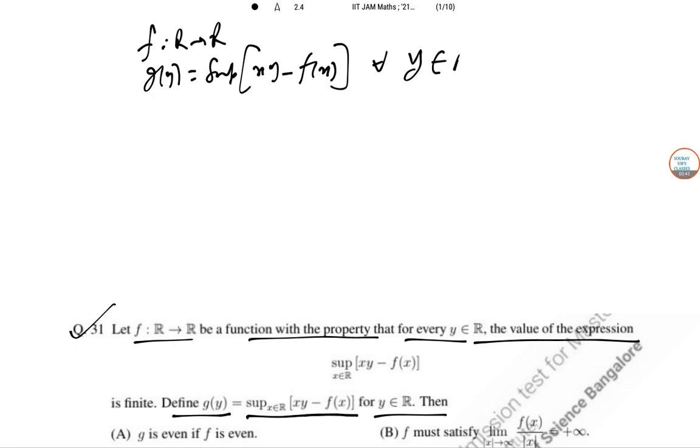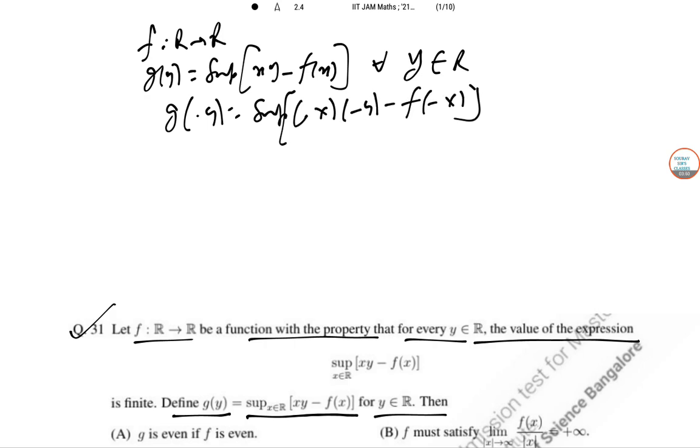So for all values of R, g of minus y is supremum of f of minus x minus y, f of minus x. So this is supremum of xy minus fx. So that is g of y.